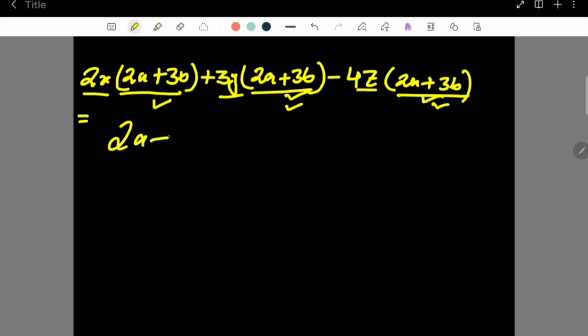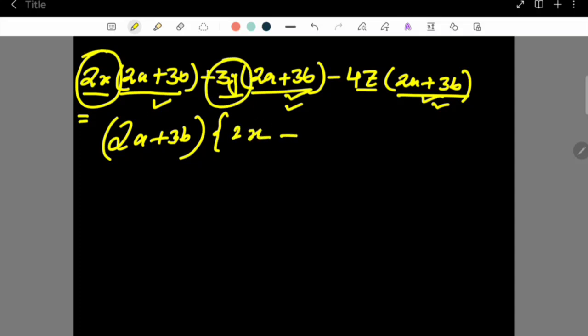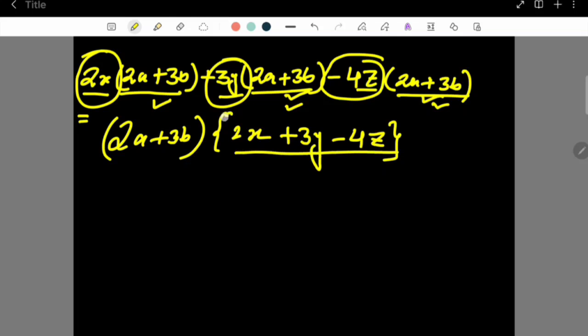So 2a plus 3b came out. Now whatever remains: 2x remains, here 3y remains, so plus 3y, and in the last term minus 4z remains. So it can be done like this also. As there are no like terms here, no more calculation is needed.